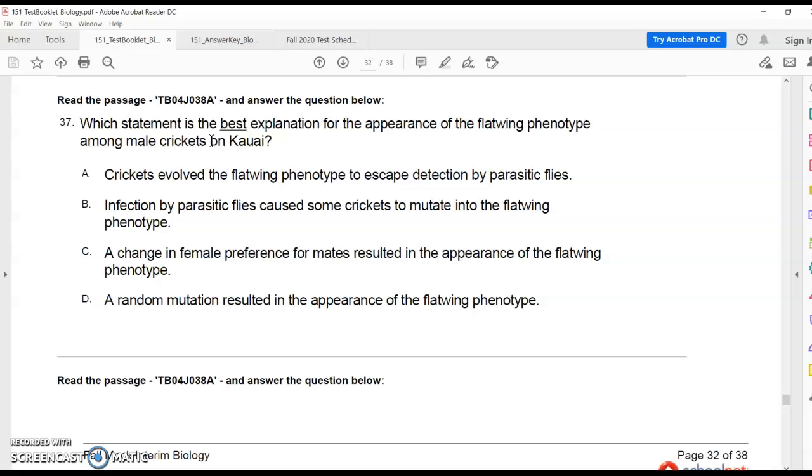So remember, phenotype is physical appearance, and so I think you would narrow it down between A and D. A, I think, is a more obvious choice because you think that they themselves evolved the no chirping phenotype to escape the flies, but it's not as precise as D. So a mutation is really what caused the no chirping or the flaunting phenotype. So it would be D.